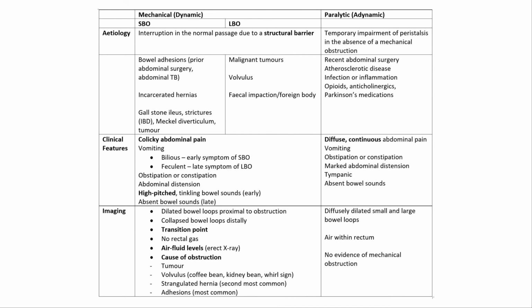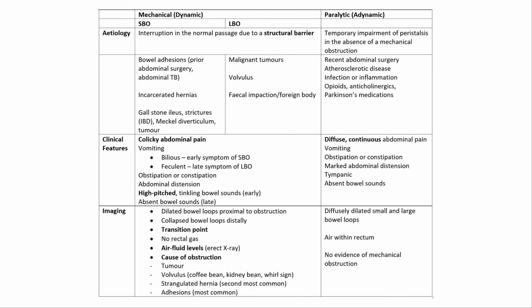If it's bilious and it's very early on with the pain, that suggests that it must be the small bowel that's blocked, because if you've got the large bowel blocked, you've got all that extra intestinal tract for the food to go down before you'd even consider vomiting. But if it's like a bilious vomit that came on 30 minutes after a severe colicky, midline abdominal pain, that's really suspicious for small bowel obstruction, especially if someone's got something like Crohn's disease.